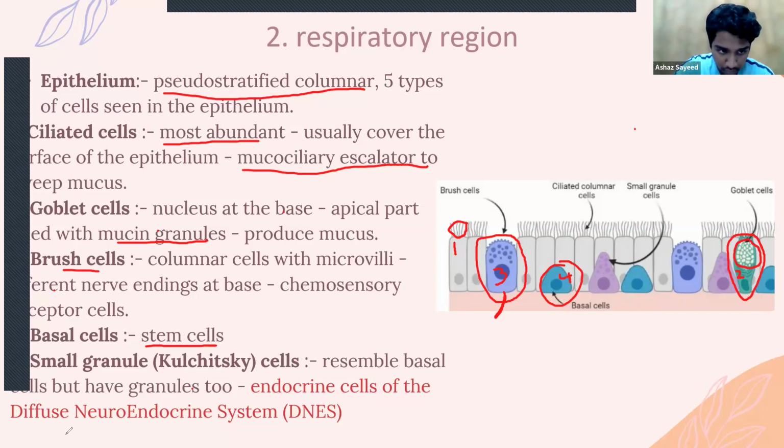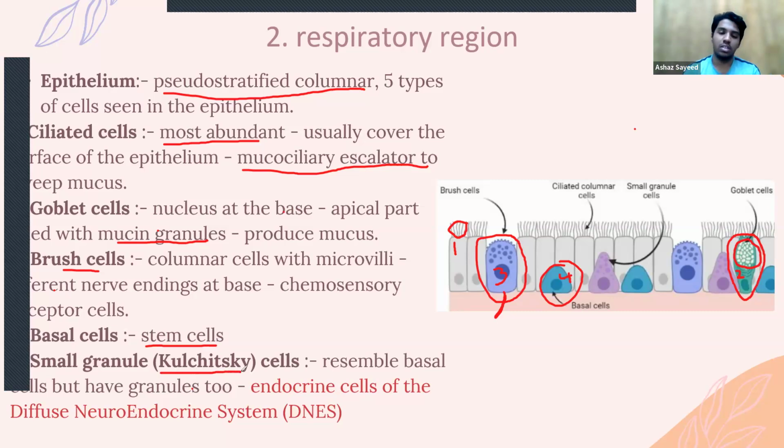And finally, we have your small granule cells. Again, whenever you see a unique name, it's best for you to memorize it. Small granule cells are more popularly known as Kulchitsky cells. Now these resemble basal cells in that they do not cover the thickness of the epithelium, but they also contain small granules.